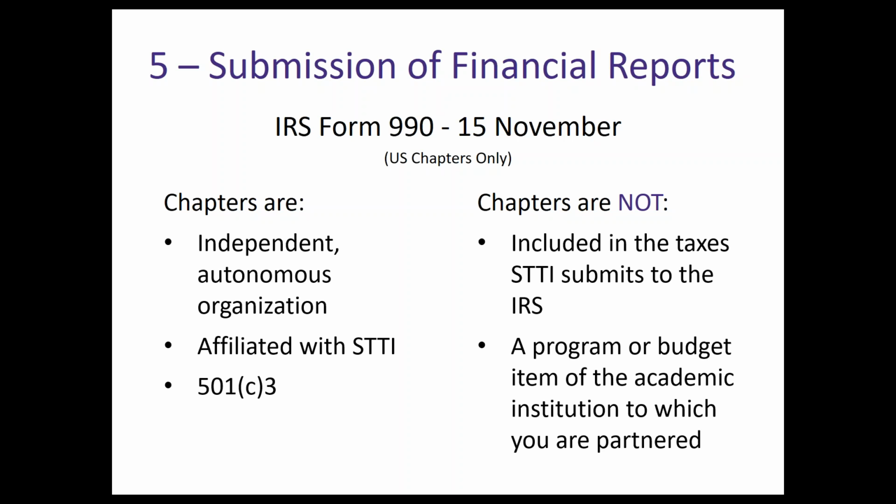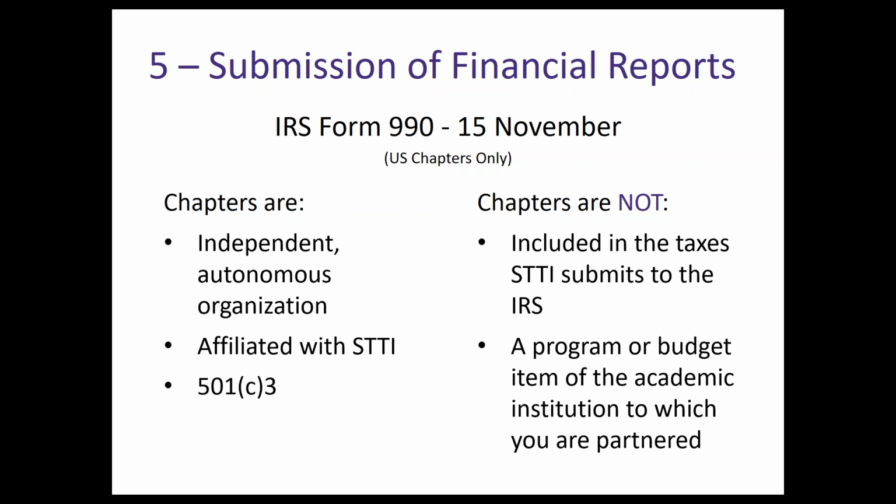In the United States, when you are in a 501c3, which all chapters are, that means that you are independent. You manage your own records, your own accounting, so you are not included in the taxes that STTI submits to the IRS. You are not included in the taxes that your educational institution submits to the IRS either.